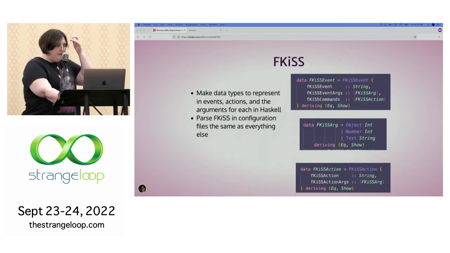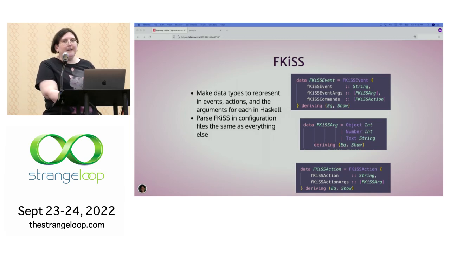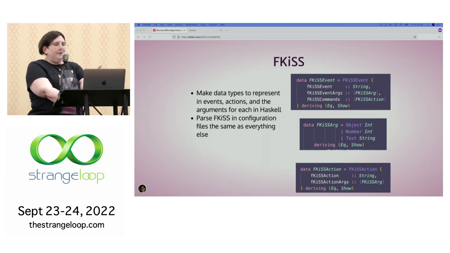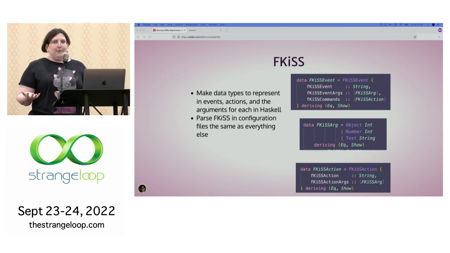And the way that this works in Smooch is that on the back end, when we're processing that configuration file, we just have a few more things that we can parse out of that. We have the events, we have the actions, and then we have any arguments that those events or actions can take. And there's really only three.